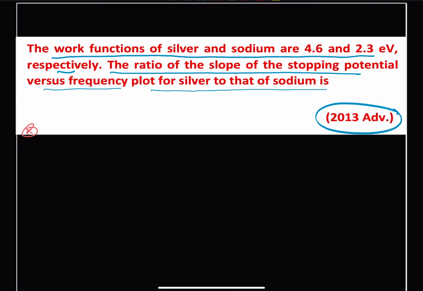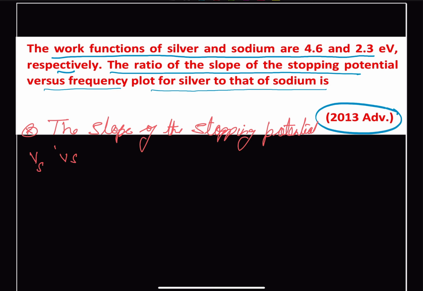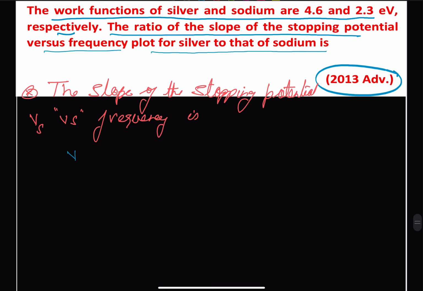So we can say the slope of the stopping potential, which is represented as Vs, versus frequency, is given by the equation that our stopping potential Vs will be equal to h upon e times f minus work function upon e.